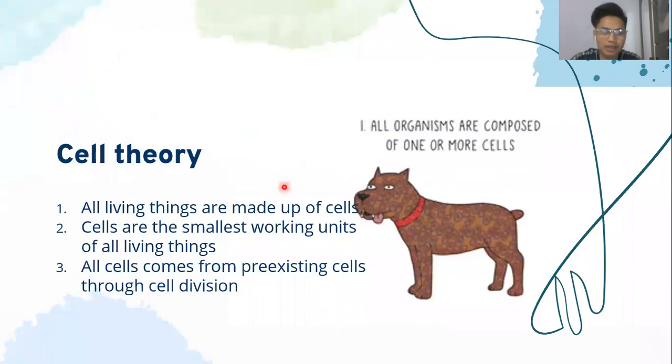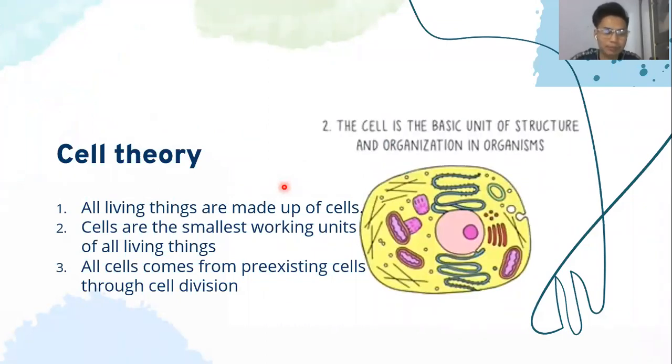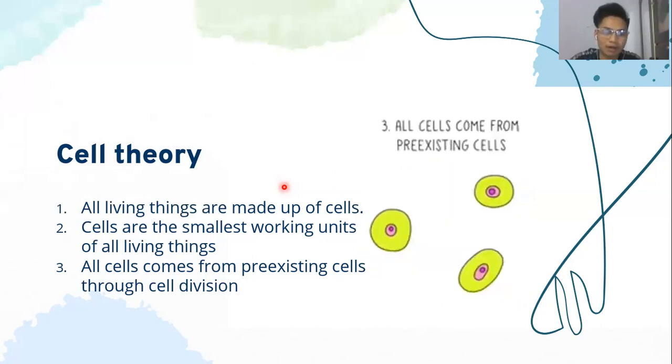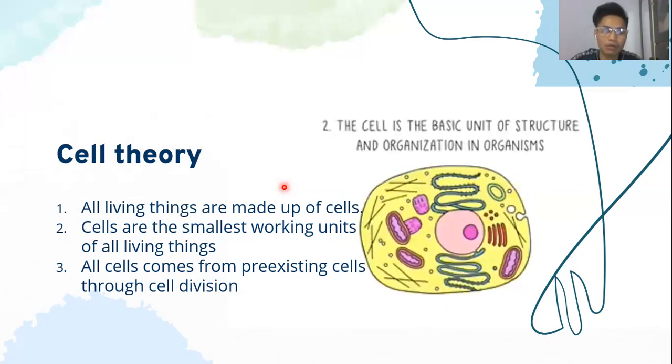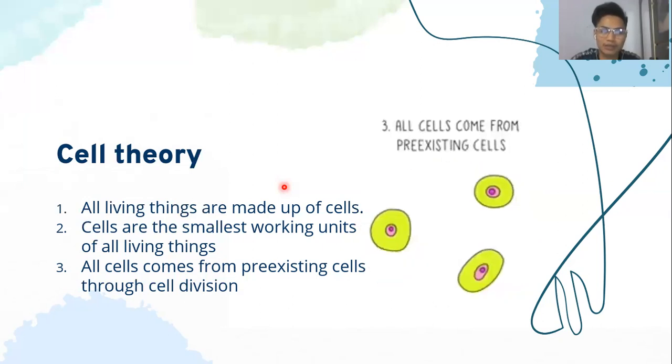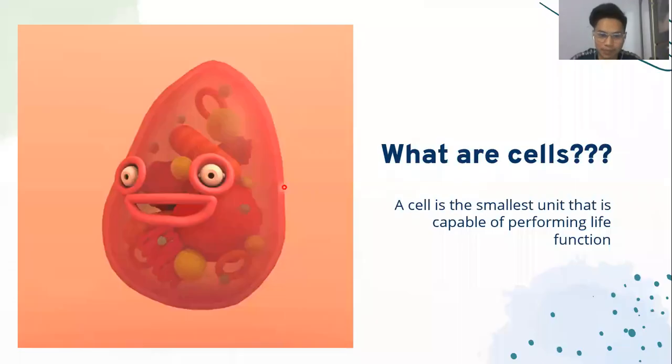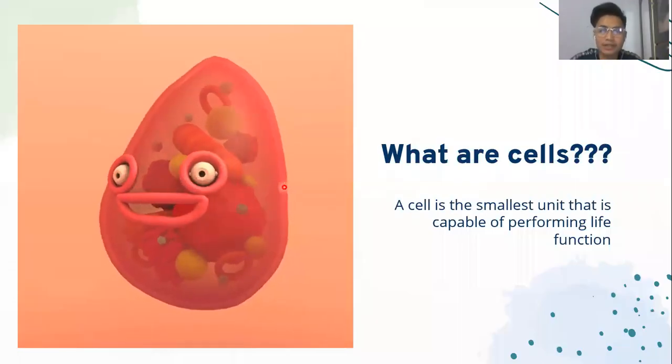So about cell theory, all living things are made up of cells. Second, cells are the smallest working unit of all living things, and all cells come from pre-existing cells through cell division. So what are cells?